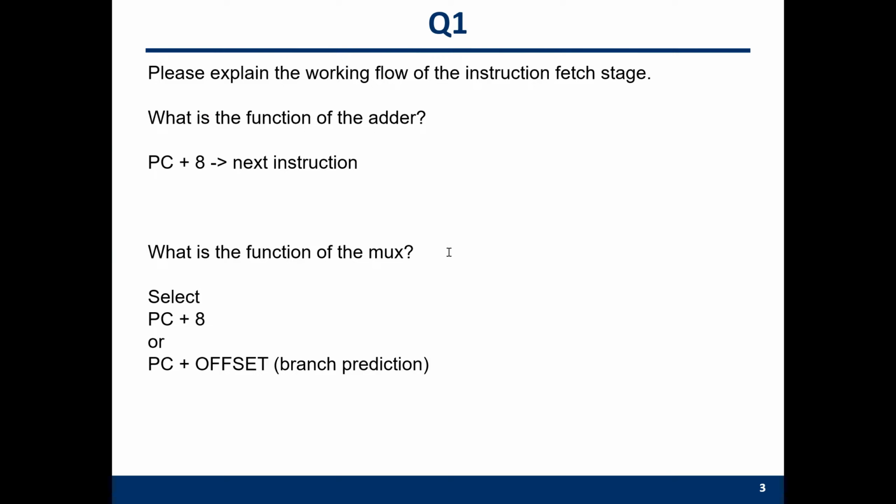If it's a 64-bit CPU, this is 8. Why? Because 64 divided by 8 is 8. If you have a 32-bit machine, then it's a 4. Otherwise, you can just add an offset defined by the branch. So that's the branch address.